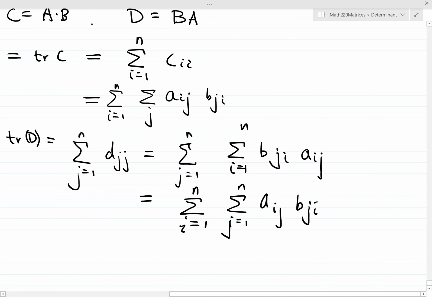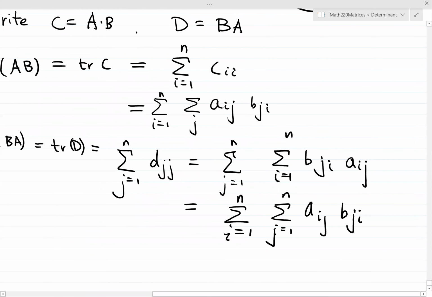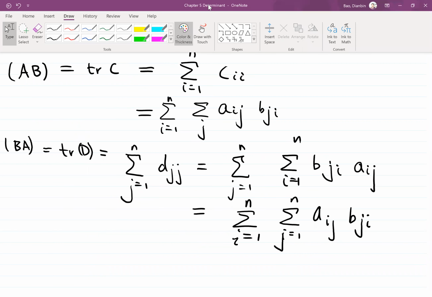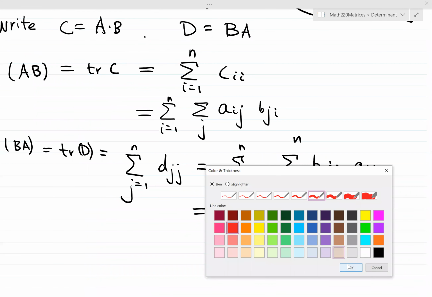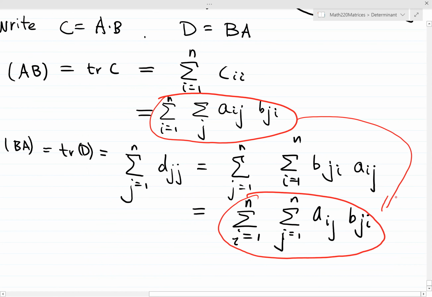You see, this is exactly the expression for the trace of AB. Just double check. This looks exactly the same after we rename the variable.